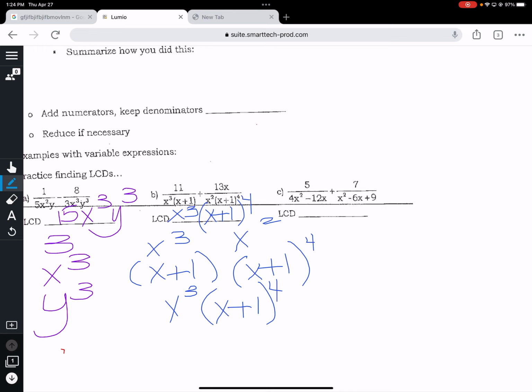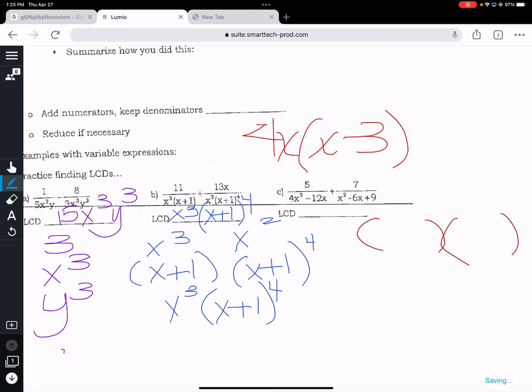In the first one, they share a 4x, a 4 and an x, which leaves us with x minus 3. 4x squared and 12x share a 4x, so then you divide each out and you're left with x minus 3. Then x squared minus 6x plus 9. When you factor that, x minus 3, x minus 3.